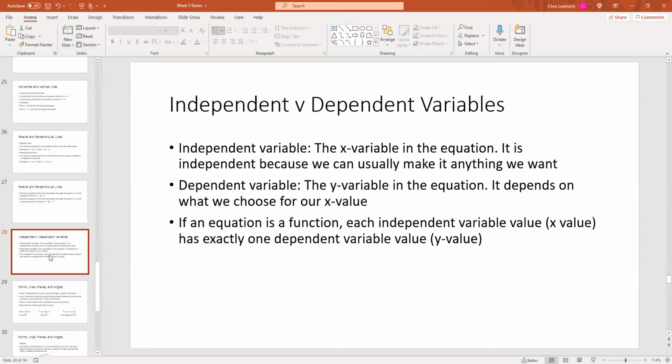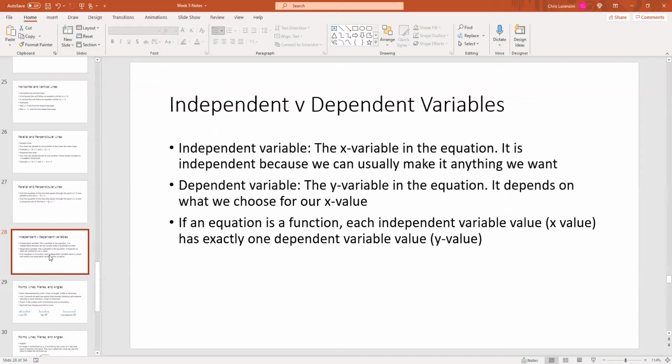So we kind of learn this notation that the x variable is independent, the y variable is dependent, and those applications actually extend out a little bit further. But for now, let's make sure we know what this is. All right, x variable, independent, y variable, dependent.